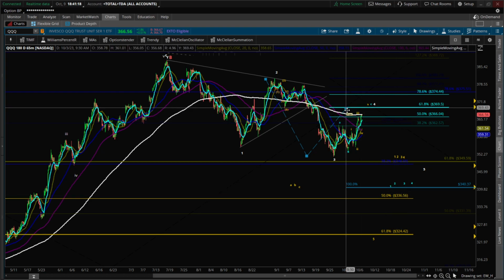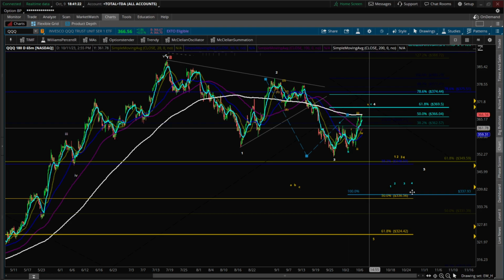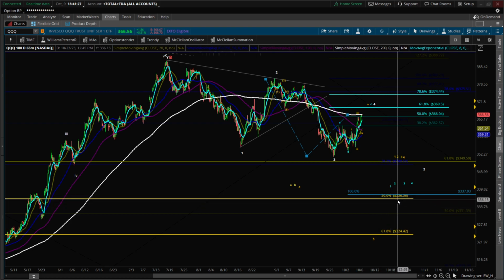If we get our reversal right off to 50% right here, it brings us right here. That's a nice area to go into with this 50% retrace. Okay, there's some confluence here.